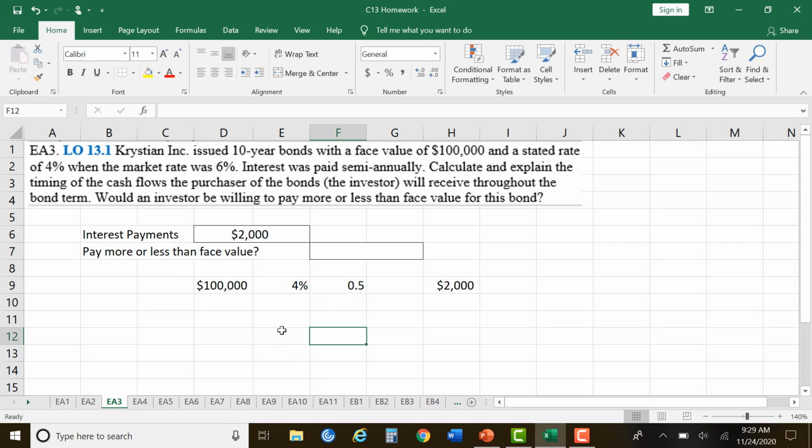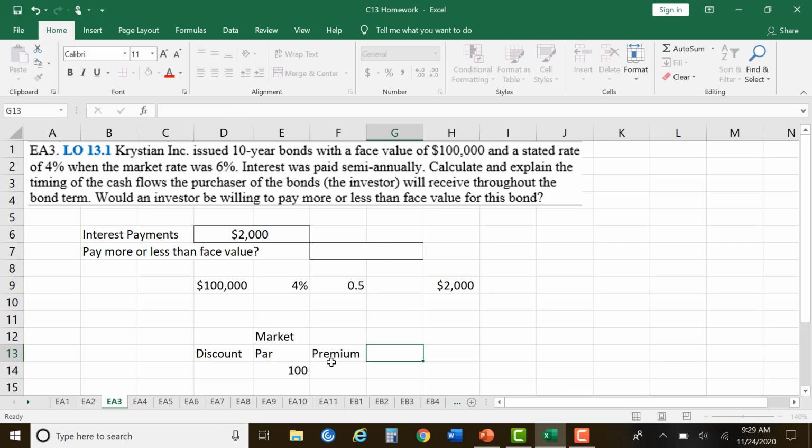It says that, okay, we had the market, which we know is at par, and that is going to be at 100. Anything above 100 is going to sell at a premium. Anything below 100 is going to sell at a discount. Now they didn't tell us what it was, if it was sold at 100, 87, 102.